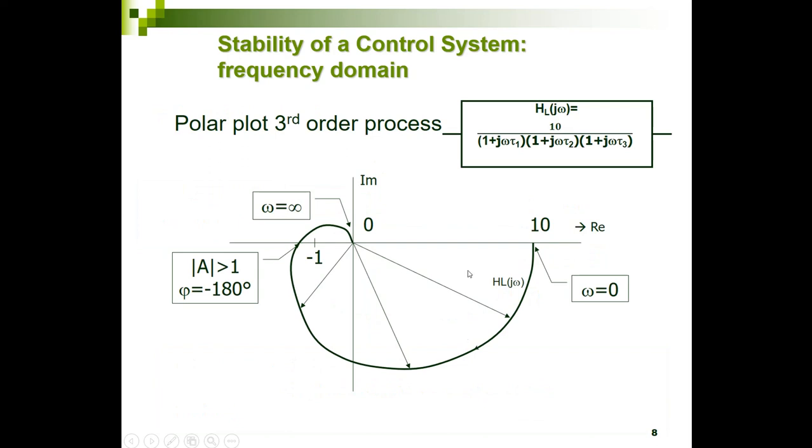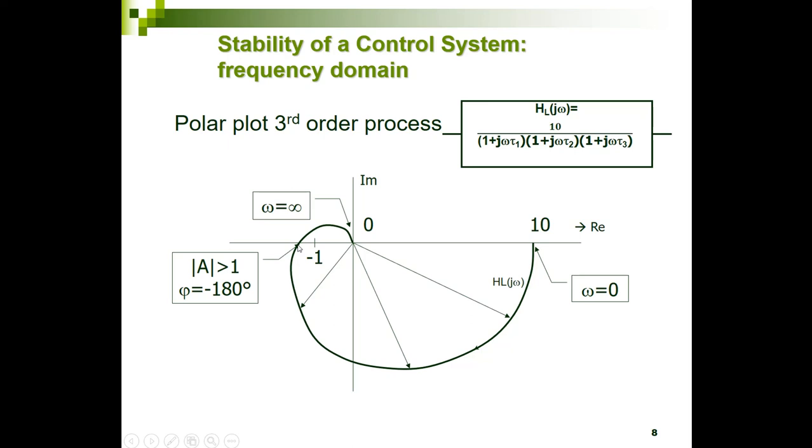Now let's look at a third order system. For a third order system, we know that the phase ends up at minus 270 degrees for high frequencies. And so it crosses that minus 180 degrees line in all cases. At a certain frequency, we cross that minus 180 degrees phase.